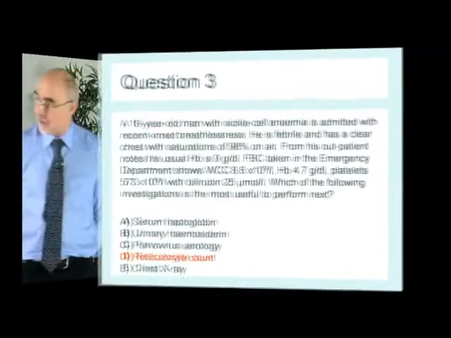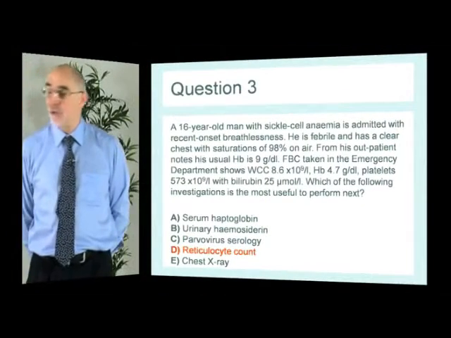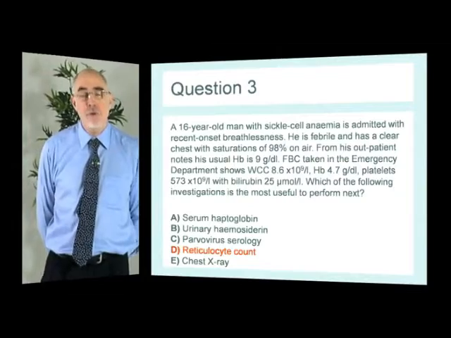So, we're offered serum haptoglobin. If you hemolyze, releasing hemoglobin in the circulation, that hemoglobin is conserved within the body by binding to haptoglobin, the carrier molecule for free hemoglobin, so that it does not escape through the glomerulus and be lost in the urine.